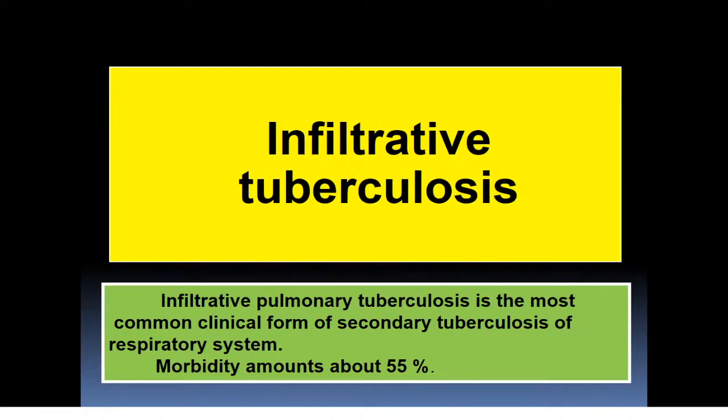Next form of tuberculosis is named infiltrative tuberculosis. Infiltrative pulmonary tuberculosis is the most common clinical form of secondary tuberculosis of the respiratory system. Morbidity amounts to about 55% of all cases of forms of tuberculosis.